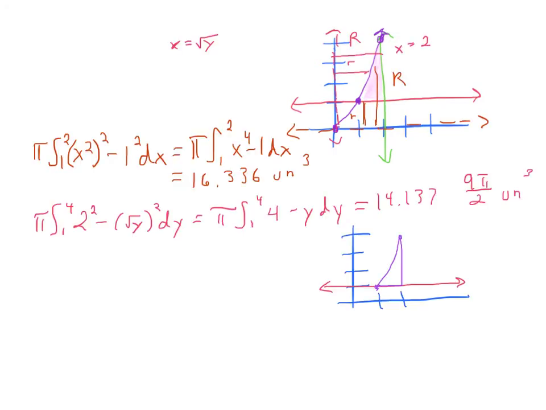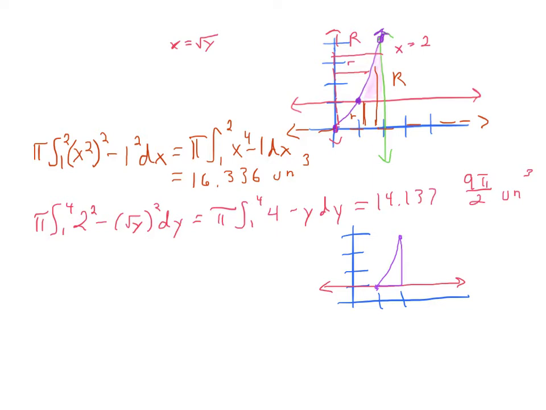For part C, we're going to rotate around the line y equals 1. So I just kind of redrew a sloppy little picture right here. And since the figure is actually on the line y equals 1, when we rotate it around, it will be the disk method instead of the washer method, since there will be no hole.